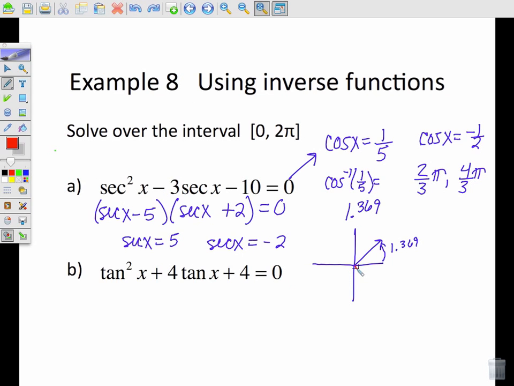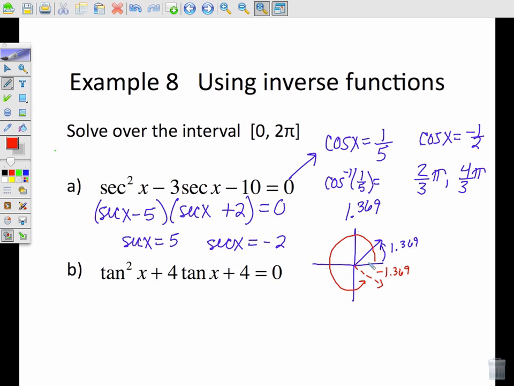I also would have another one in this region here. In quadrant 4, I would have one, because that's another place where it is a positive cosine. So I need to figure out what this angle is. Well, the way this works is that there's symmetry. So this would be negative 1.369.